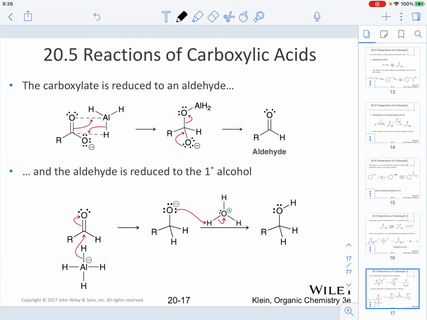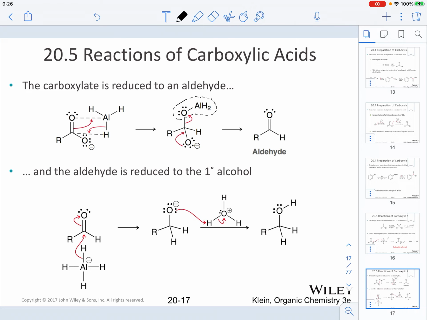In the next step of the reaction, that AlH3 is going to create the delivery of a hydride to the carbon of the carbonyl. The oxygen in that carboxylate is coordinated with the aluminum. In the next step of the reaction, the electrons from the oxygen come down and kick out the oxygen that was coordinated with the AlH2.